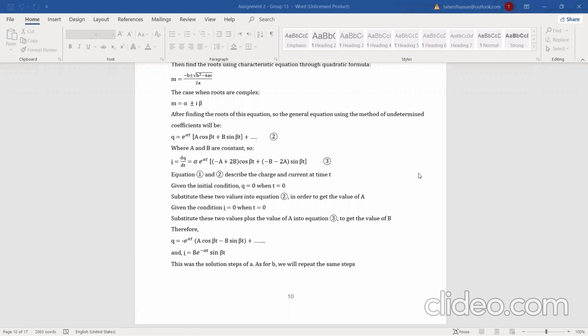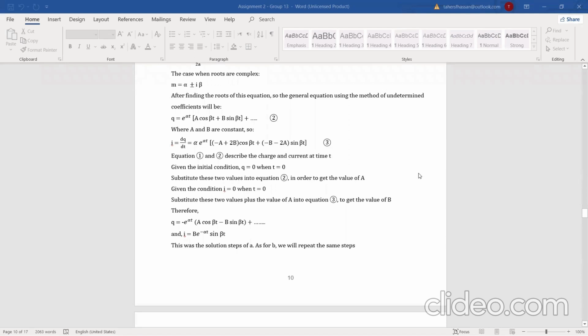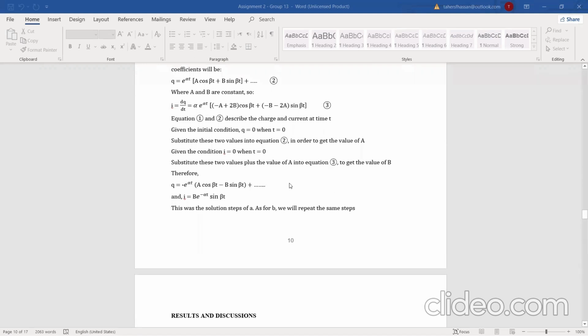Given the initial condition q equals 0 when t equals 0, we substitute these two values into equation 2 in order to get the value of A. Then, given the condition I equals 0 when t equals 0, we substitute these two values plus the value of A into equation 3 to get the value of B. Therefore, q equals negative e to the power alpha t, times the bracket of A cosine beta t minus B sine beta t, and I equals B e to the power negative alpha t sine beta t.